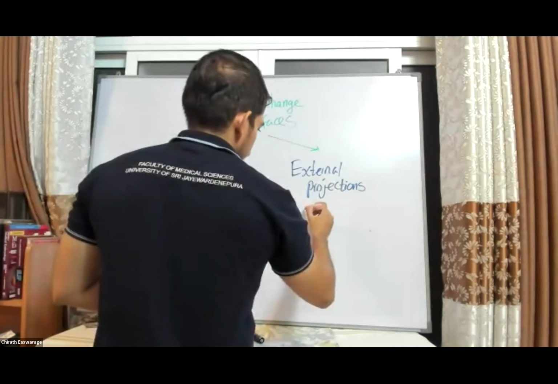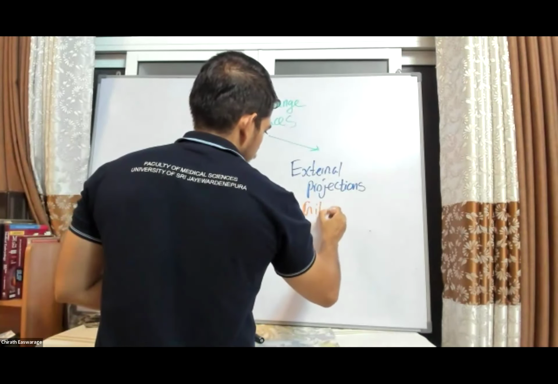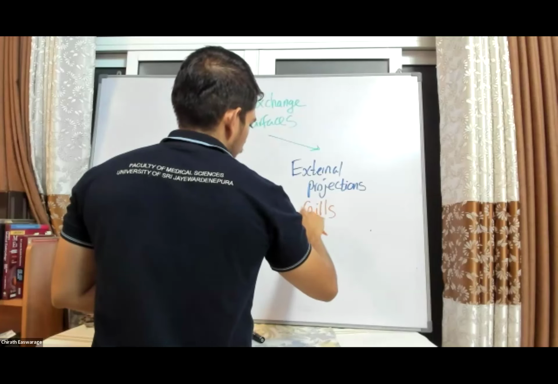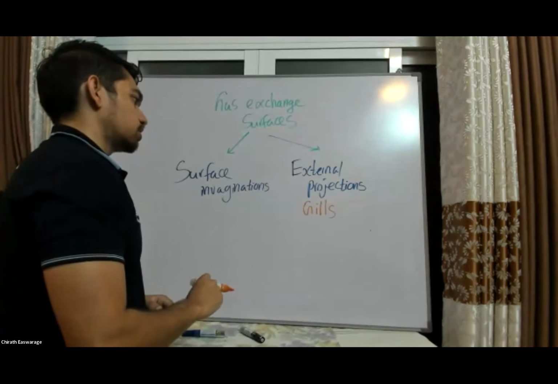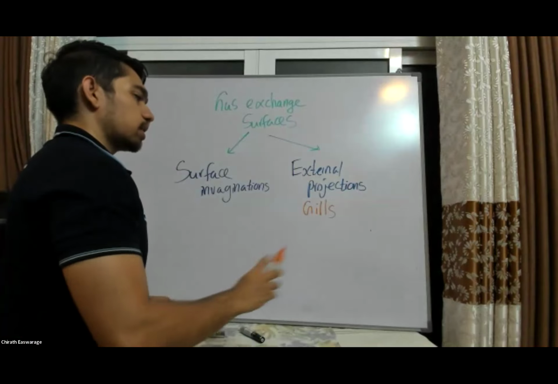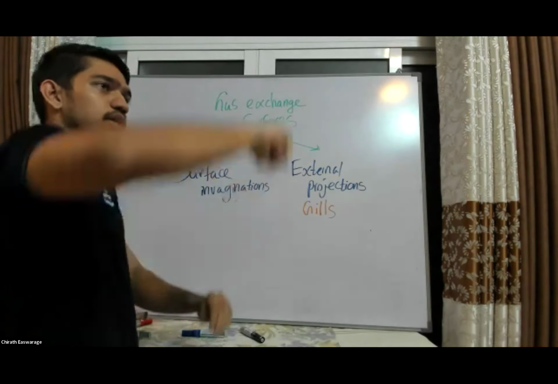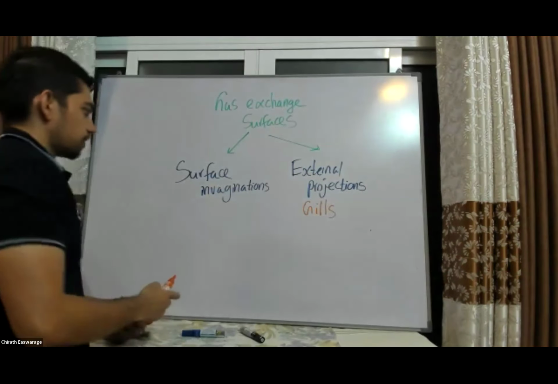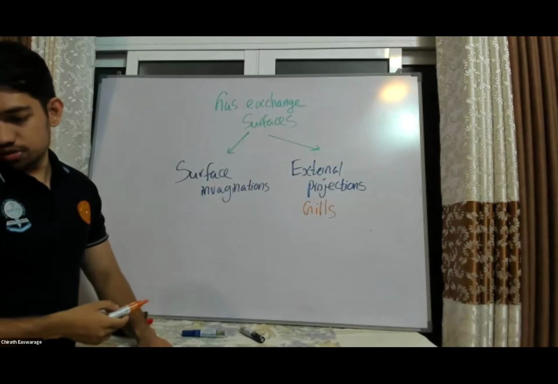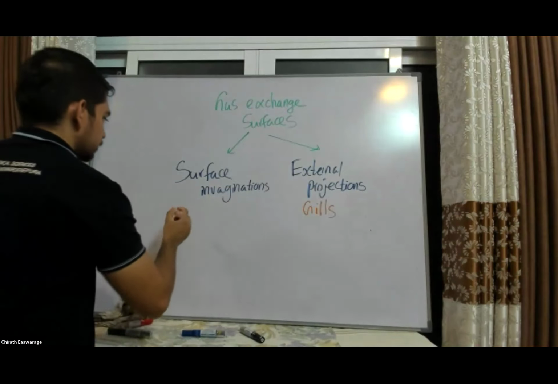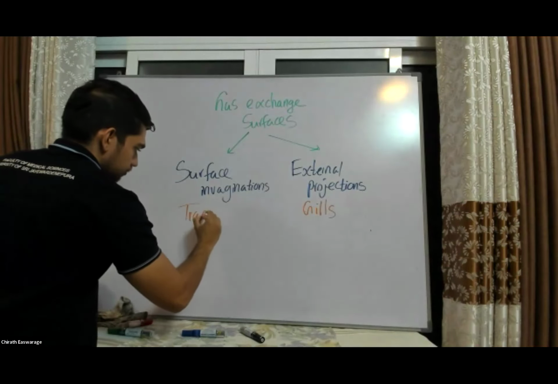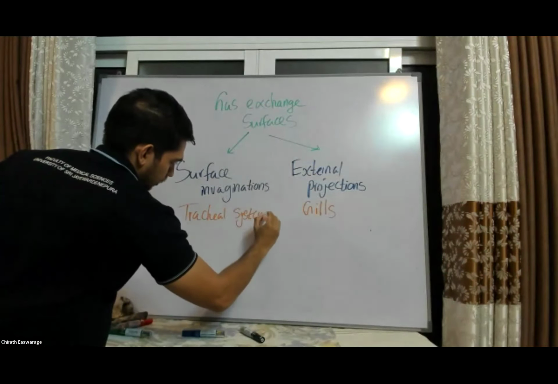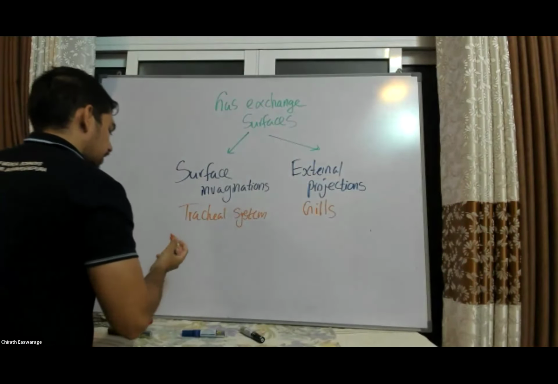As I told you, external gills, the gills in your parapodia. Parapodia and some other marine annelids also have gills, where the body surface is curved and folded outside of the body. What are surface invaginations? Your tracheal system that I just showed you, or you can just say trachea, tracheal system and lungs.